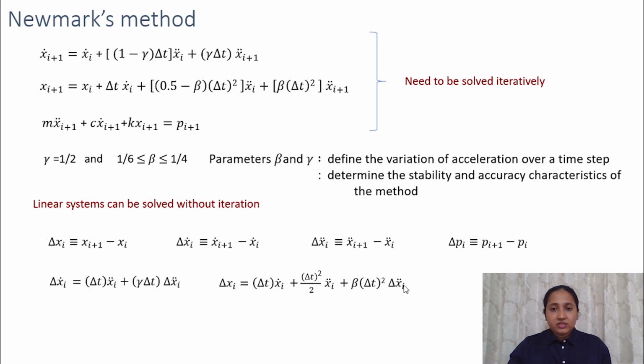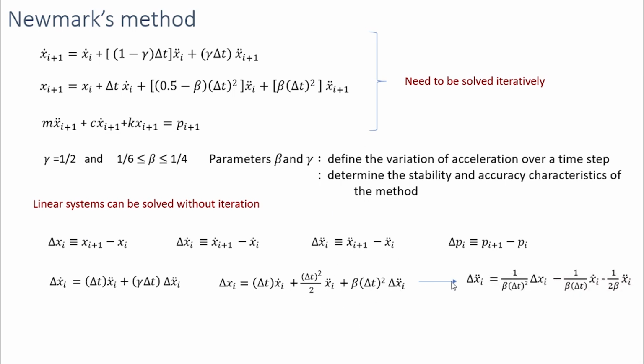And from this equation, we can find out the value of delta x double dot i, that is, the incremental acceleration. We can substitute this expression in the equation for the incremental velocity.